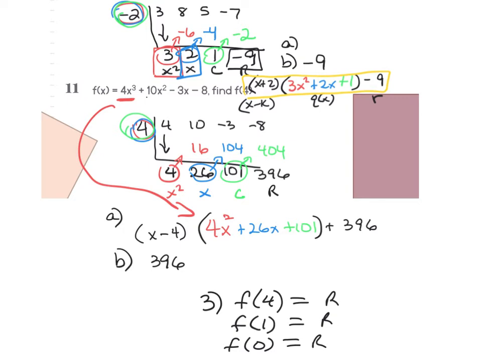So that's our goal: by dividing by a factor that we know is true, it'll keep breaking it down till we finally get it to an x squared, a quadratic function that we can either factor, use the quadratic formula, complete the square, or use the square root method to get the other factors. So let's take a look.